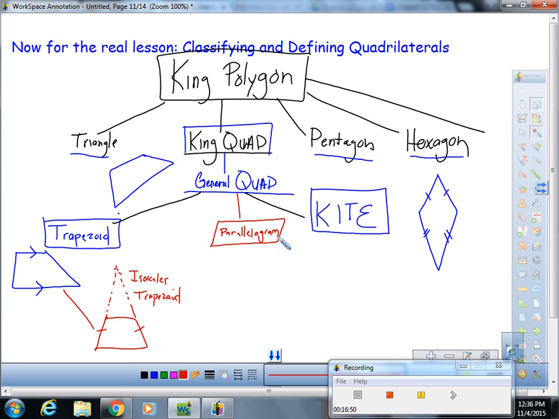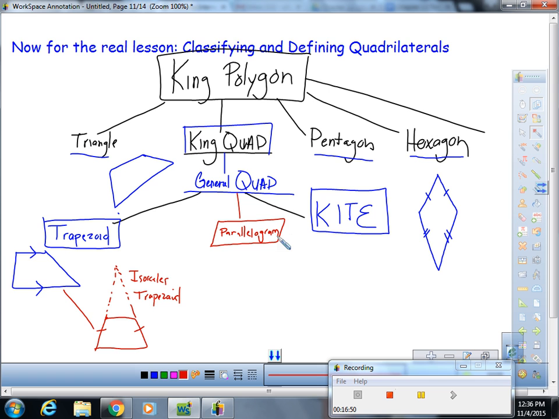Parallelogram. Okay? You might want to practice saying that. Parallelogram. Okay? So, parallelogram was basically like what General Quad thought was the perfect quadrilateral. Okay?